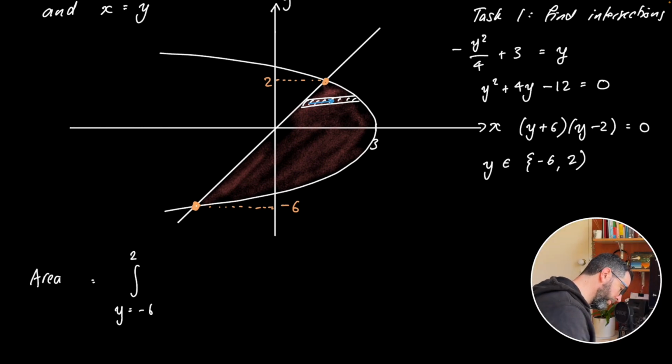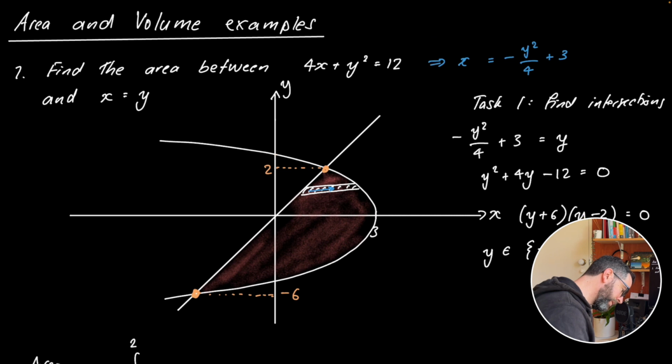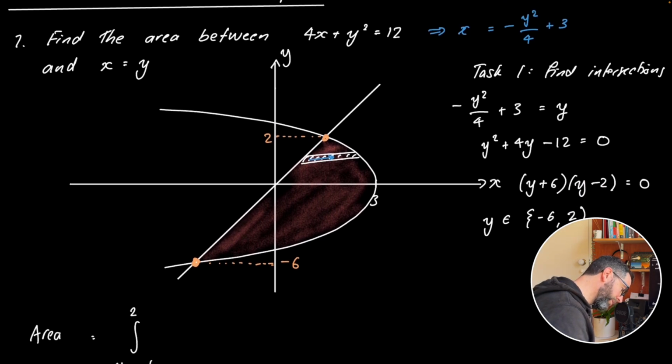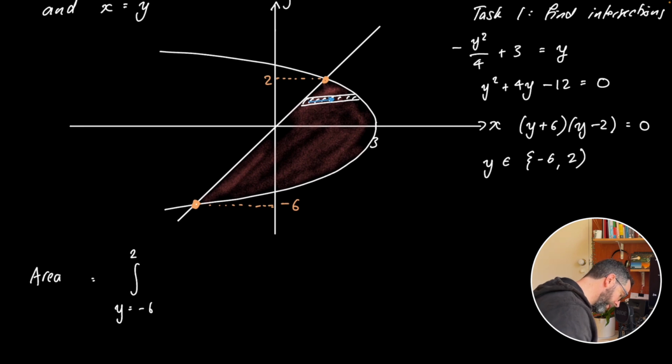So that was, what did we say that was? X squared, negative y squared over 4 plus 3 is the x value there. Minus the value, the lower one, I would maybe do that in a different color just to remind ourselves that it's a different curve. That's going to be minus y, and that integral is with respect to y.